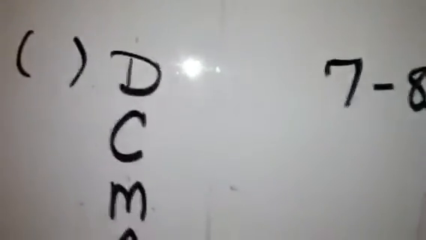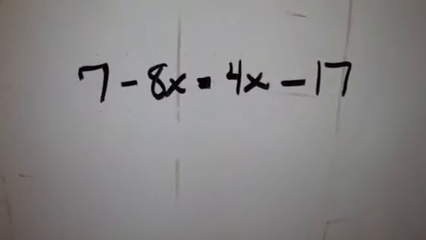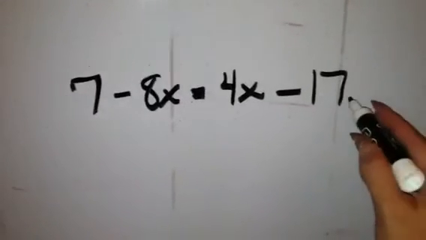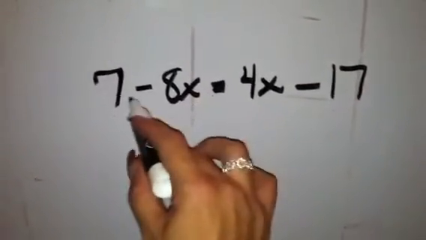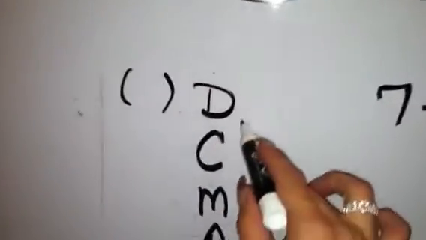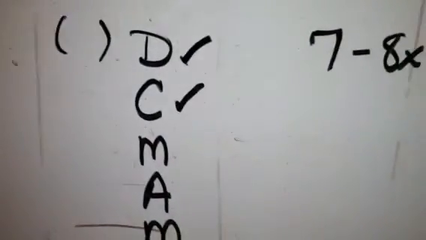And with this, I mean more like combining like terms on the same side of the equal sign. And over here, since this 17 does not have an x, we can't combine these. And since this 7 does not have an x, we can't combine these. So we're good with distributing and combining like terms.